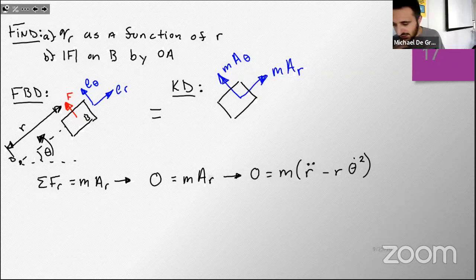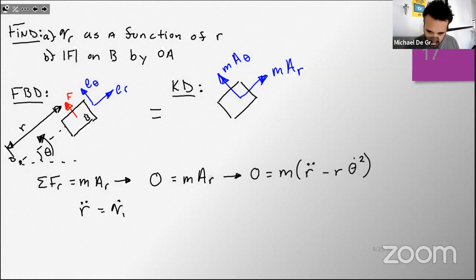But let's talk about this, right? R double dot, that's just my velocity dot, right? The acceleration is the second derivative of the position, but it's also the first derivative of the velocity, right?